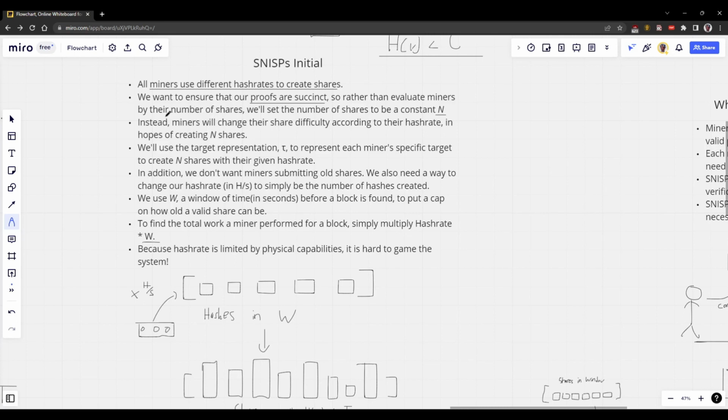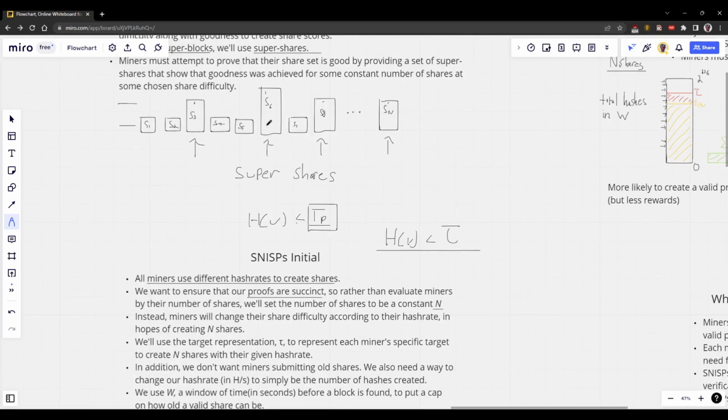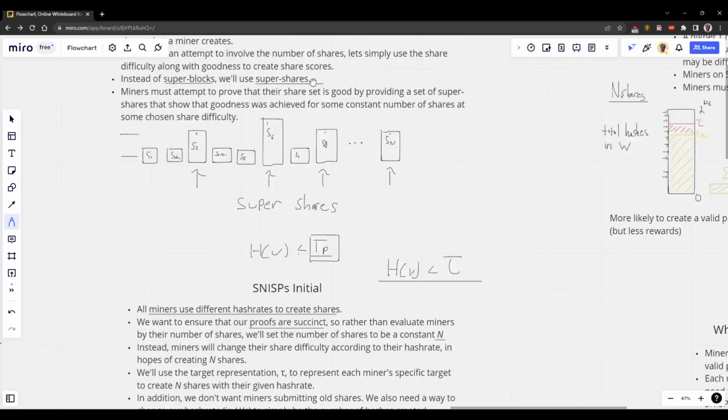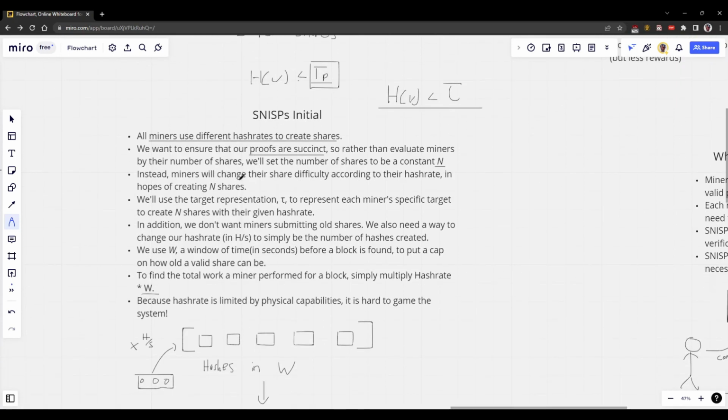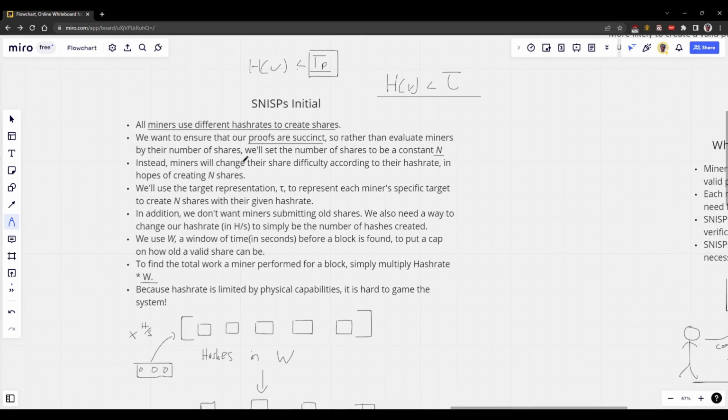Now, because miners may have different hash rates associated with their computational power, some miners are realistically going to be mining more shares than others. To solve this problem, we're not going to use a constant target value like we use with T of P. Instead, we're going to let each miner choose how low they want their target to be.